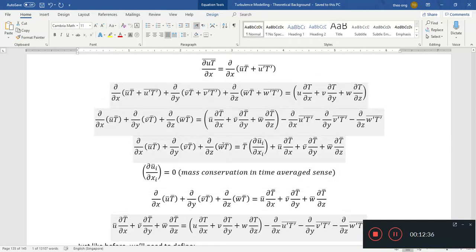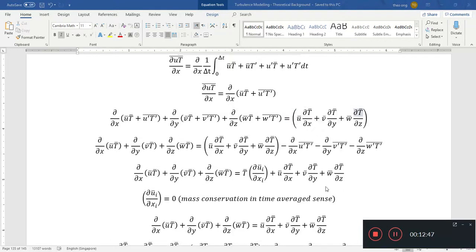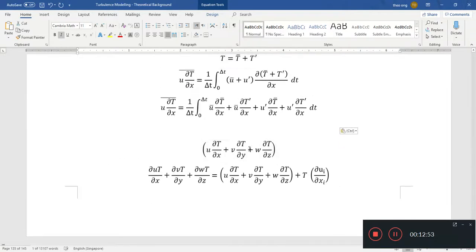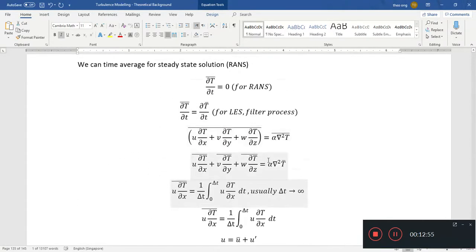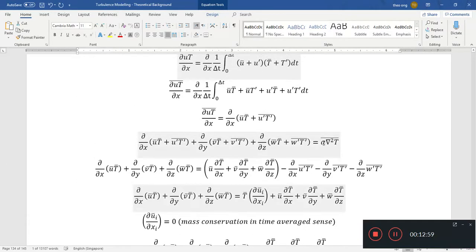Again, here needs a few bars. But this actually should equal the Laplacian anyhow. So I'll just paste the Laplacian term there. I made a mistake last time. So the Laplacian term should be over here.